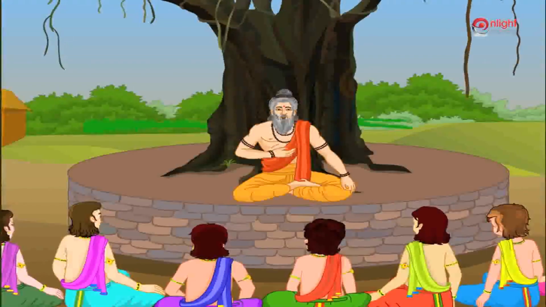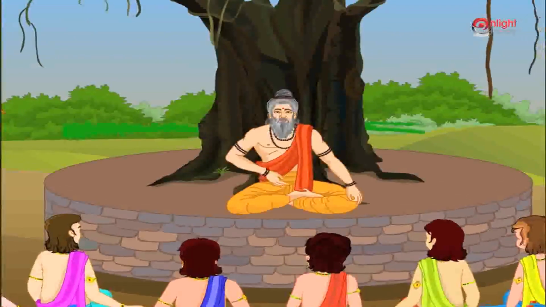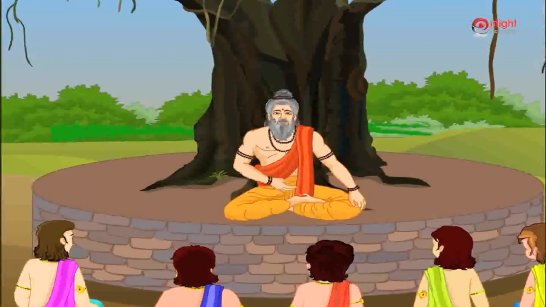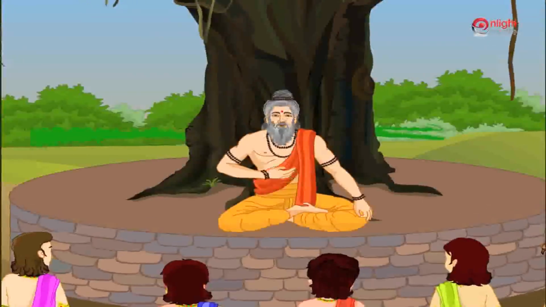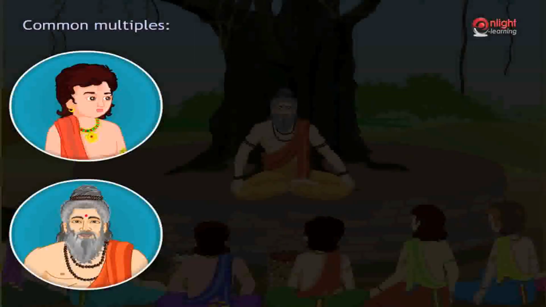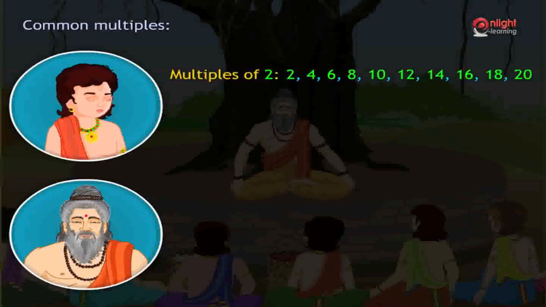Children, in your earlier class, you have learnt that the multiples of a number are obtained by multiplying the number consecutively by the natural numbers. List out the first 10 multiples of 2. The first 10 multiples of 2 are 2, 4, 6, 8, 10, 12, 14, 16, 18, 20.